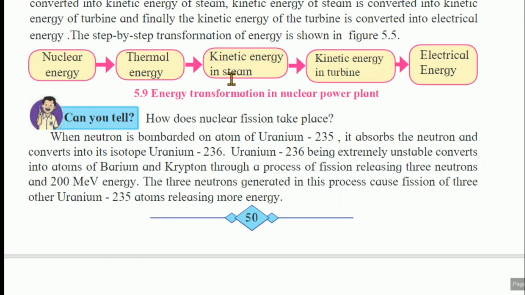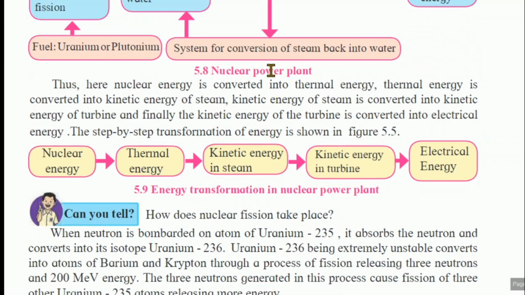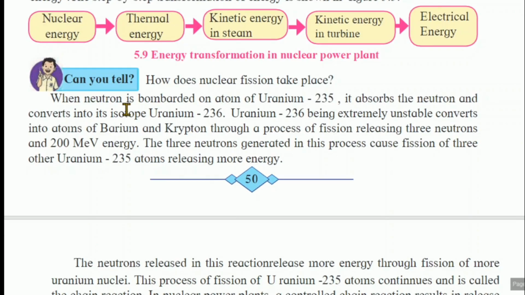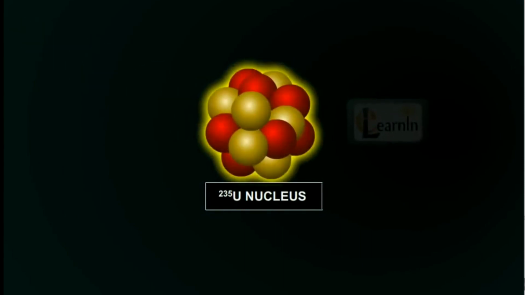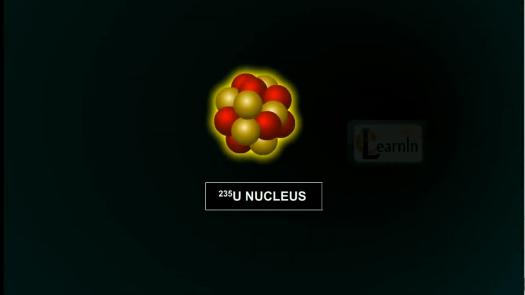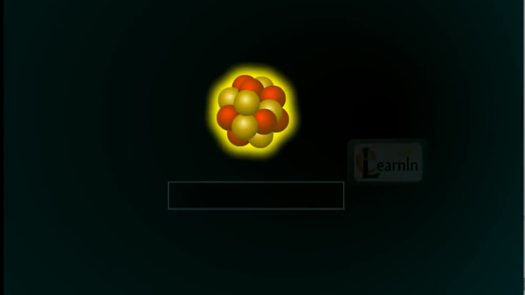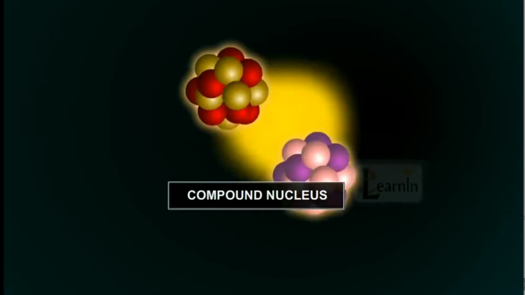So students, as I already told you, these flow charts are very important. The conversion of energy with the help of different fuels, how each power plant works, so a fill in the blanks type or long question may be asked. When a neutron is bombarded on an atom of uranium-235, it absorbs the neutron and converts into the isotope uranium-236.